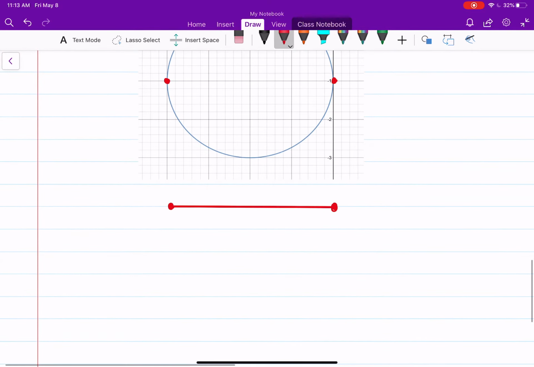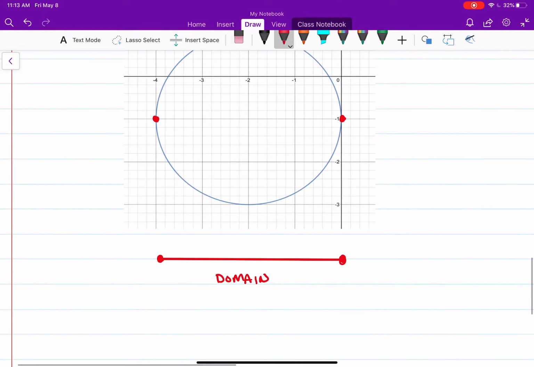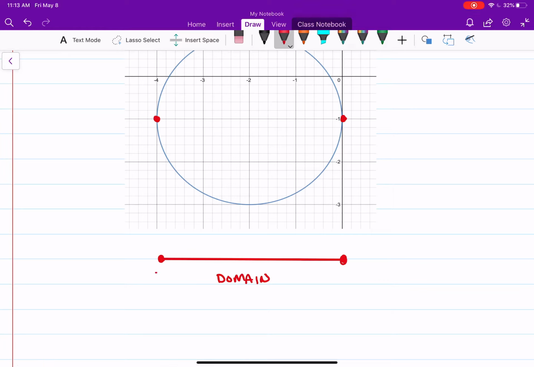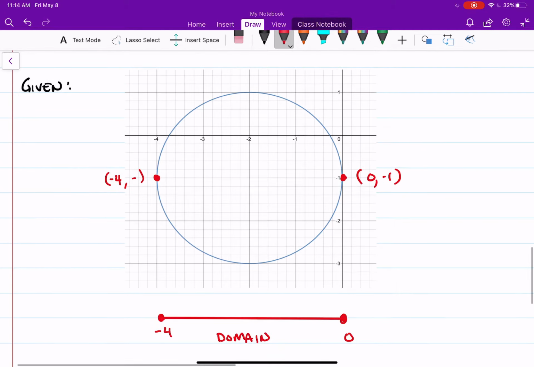Okay, so therefore my domain, so where are those 2 points? This has an x value of -4, and this has an x value of 0. Again, we're talking about x values here. If I was to plot this point right here, this would be 0, -1, and this point would be -4, -1.